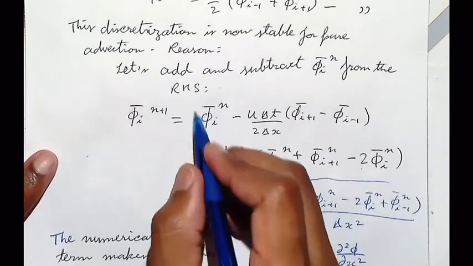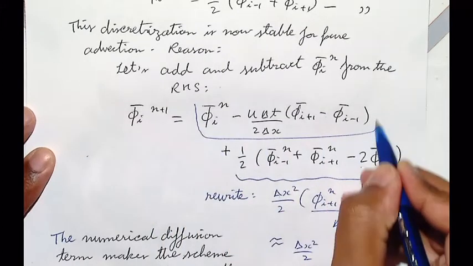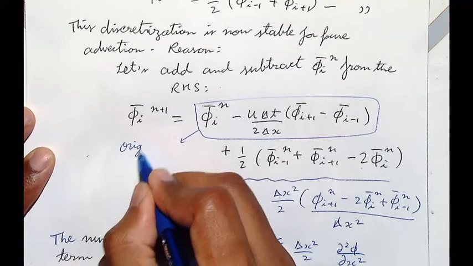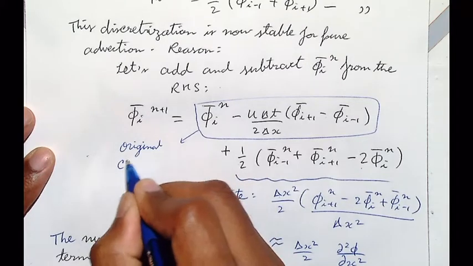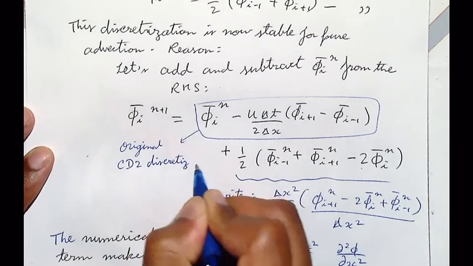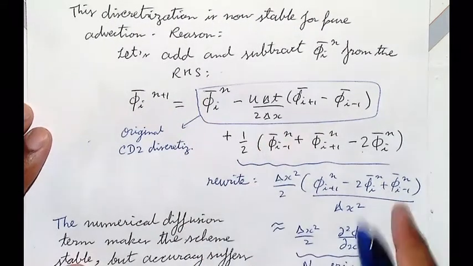Okay, let me just point out that this looks like the original CD2 discretization, plus some additional terms.